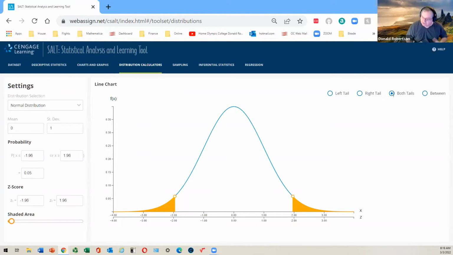A not equal to is a both tails one, right? And we wanted our number to be 1.629. So on this side, you make it the negative 1.629, and on the other side, you make it plus 1.629. And click out of that, and the answer that we have ends up being 0.103.